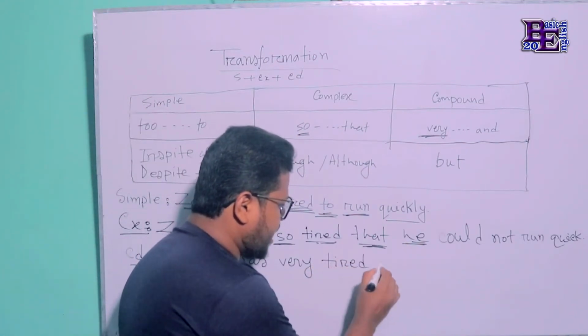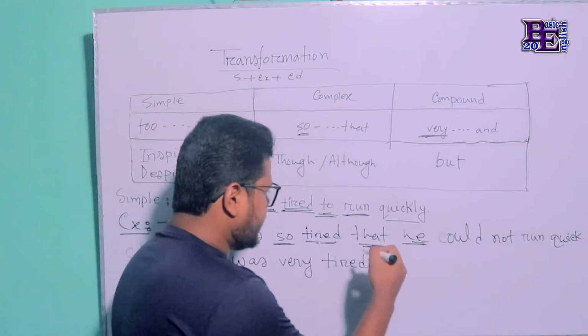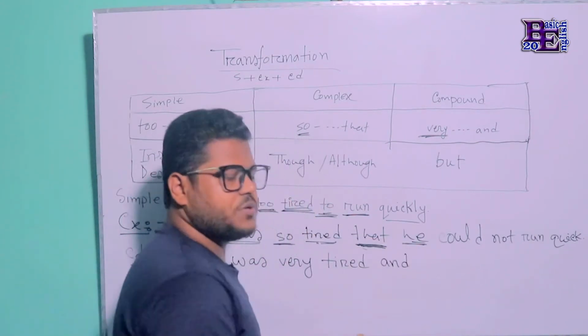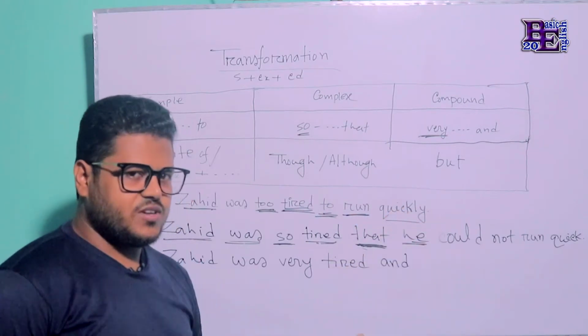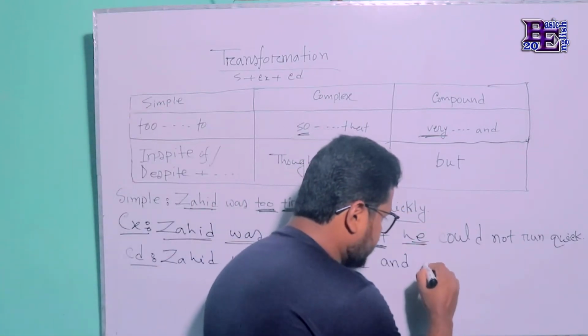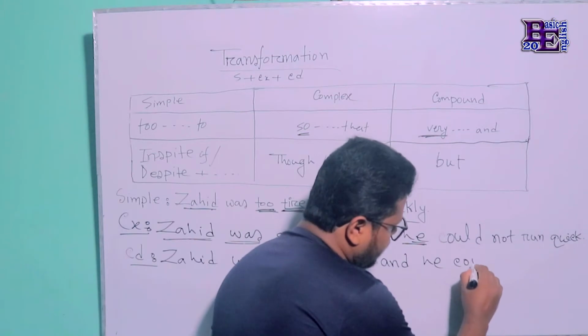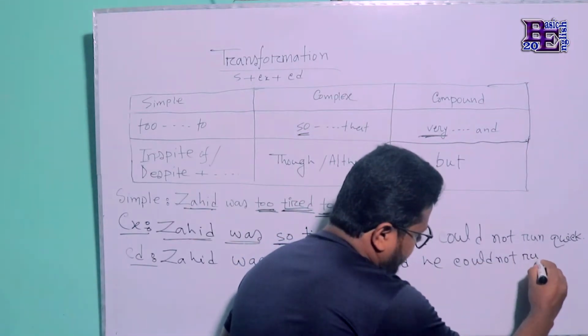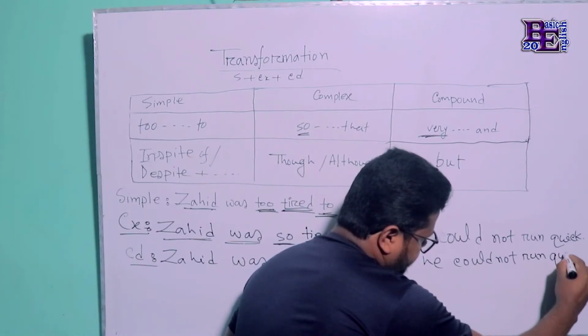Zahid was very tired. Okay, and at the place of that, we have to use and. The rest of the sentence will remain unchanged. That is, and he could not, couldn't run quickly.